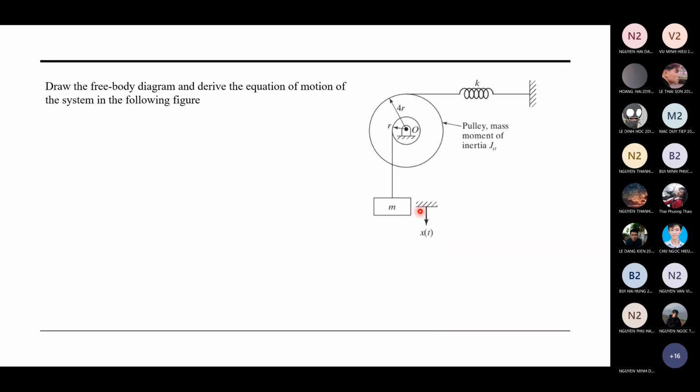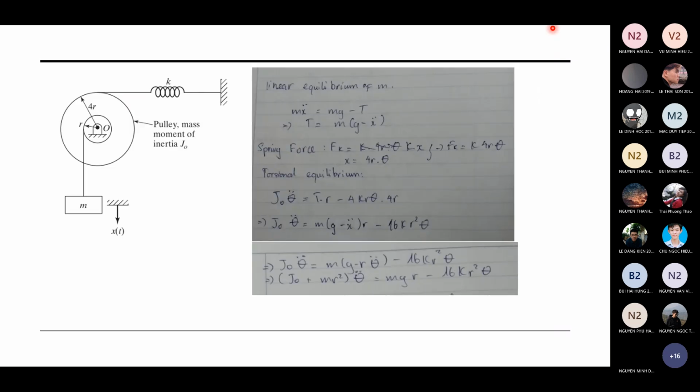But when I receive your answers, 80% of you give me the answer with the coordinate theta. First of all, you didn't give me the free body diagram.